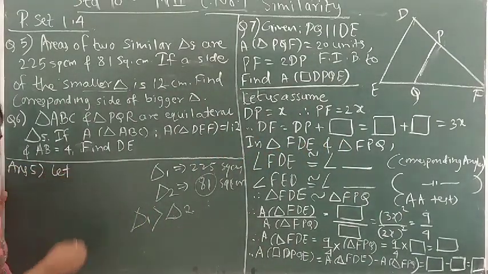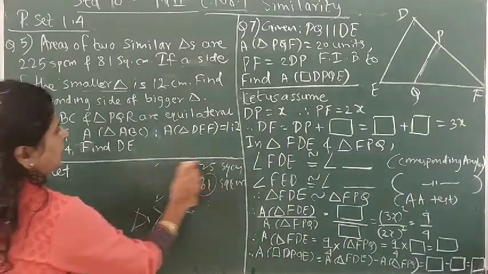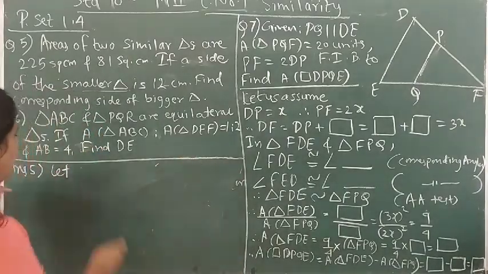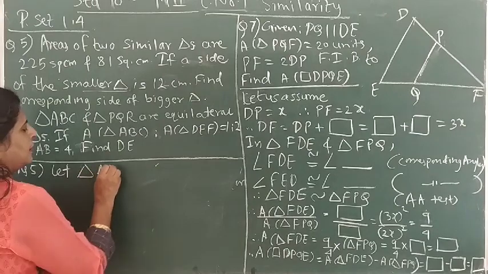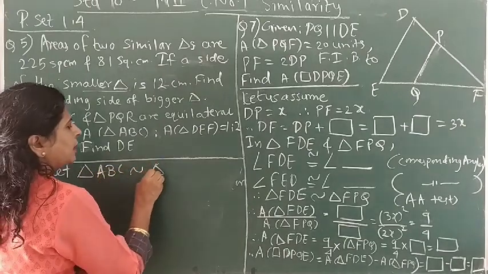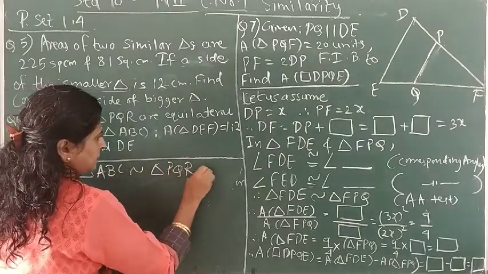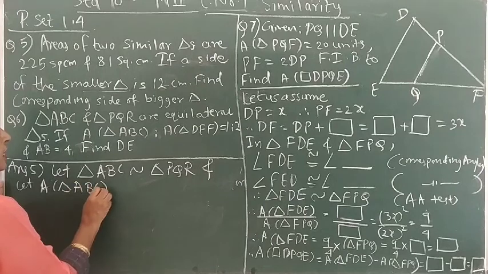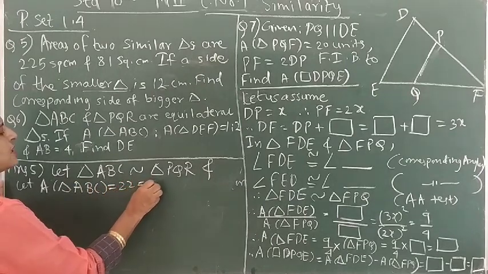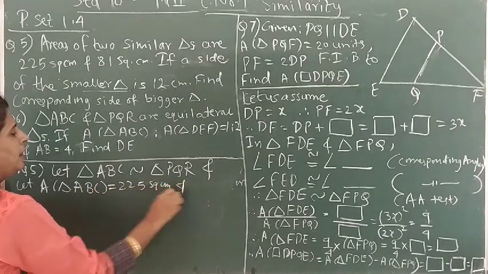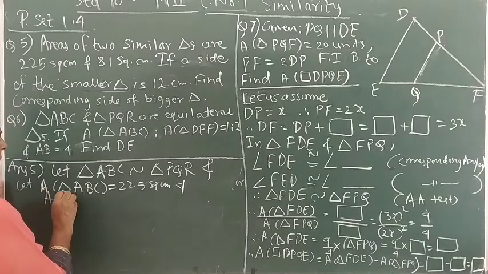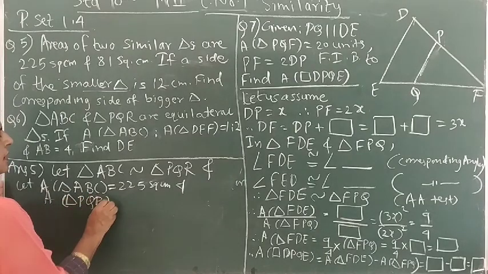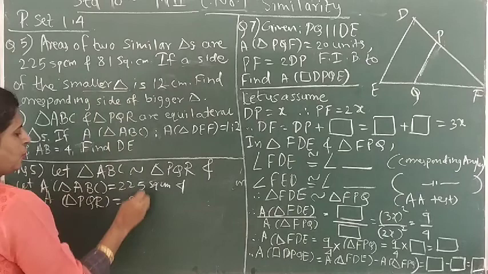We will name this triangle ABC is similar to triangle PQR, and let the area of triangle ABC be 225 square centimeter, and the area of triangle PQR is equal to 81 square centimeter.